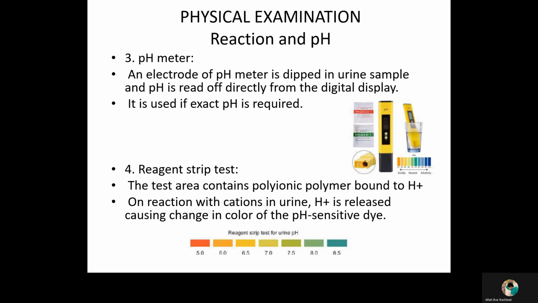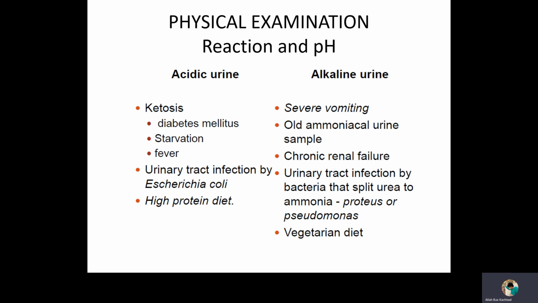So acidic urine may be due to ketosis, diabetes mellitus, starvation, fever, urinary tract infection by Escherichia coli, or high protein diets.